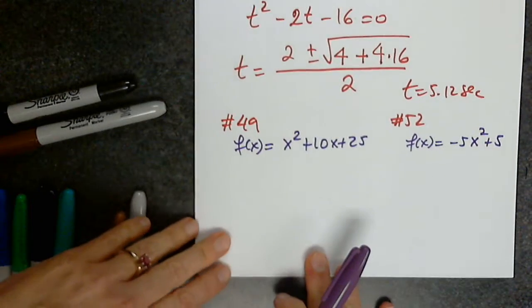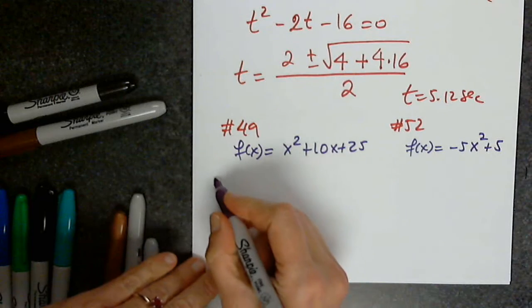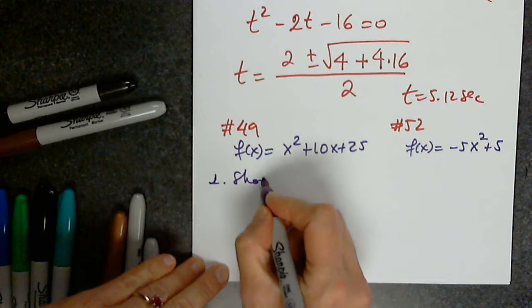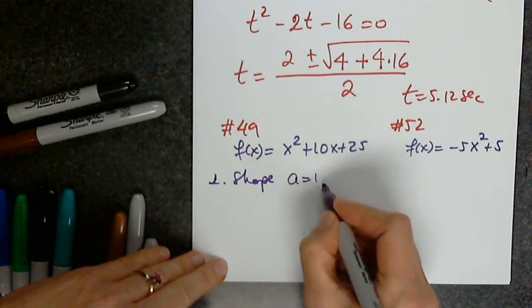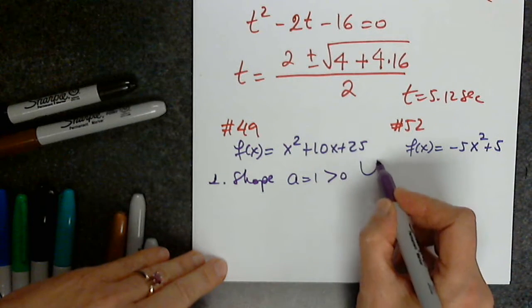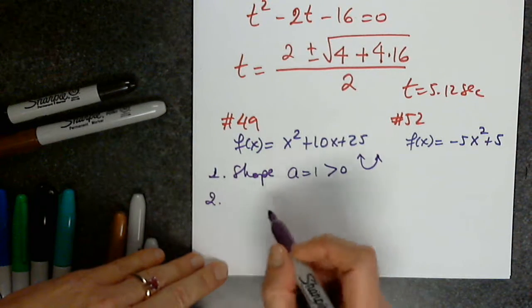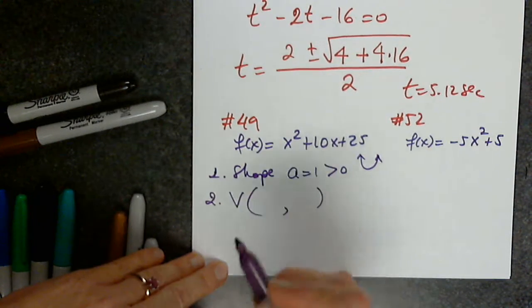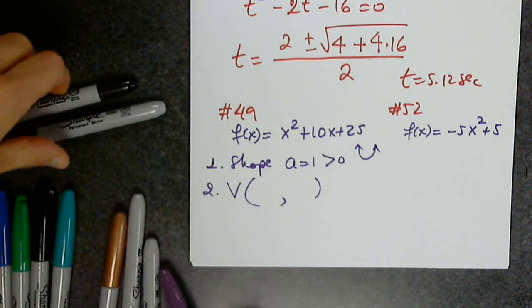We start with the shape. What is the shape for this one? Yes, minimum, because the leading coefficient is 1, so the quadratic function has a minimum. 2, the vertex. So let's find the vertex.